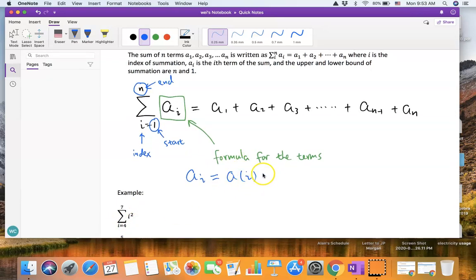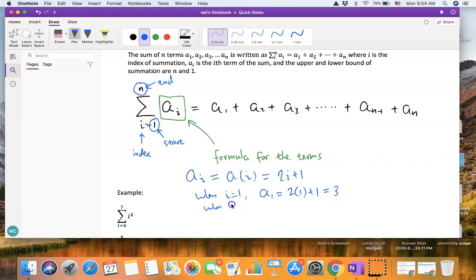For example, let's say the function a sub i has the equation 2i plus 1. Therefore, when i equals 1, the first term a1 is going to be equal to what? We can use this formula to determine that. When i equals 1, a1 is 2 times 1 plus 1, so it will be 3.